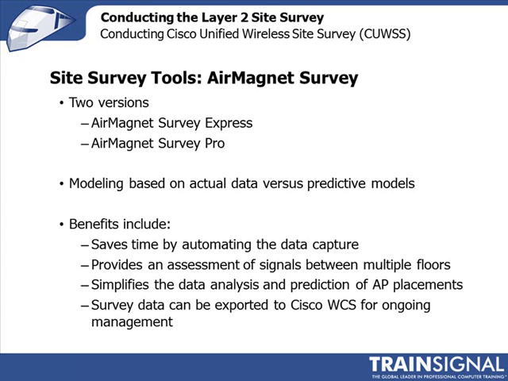But one of the things I do want to point out is this bottom bullet where you can actually export the data that you capture in the AirMagnet survey into your Cisco Wireless Control System, and then you can use that data going forward to actually manage your network. So once you've set up the model and collected the information, it's not just useful for the survey, but you can use it going forward for ongoing management of your wireless LAN.